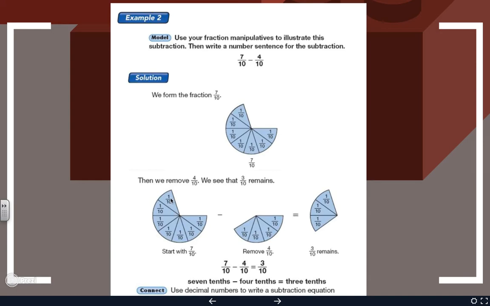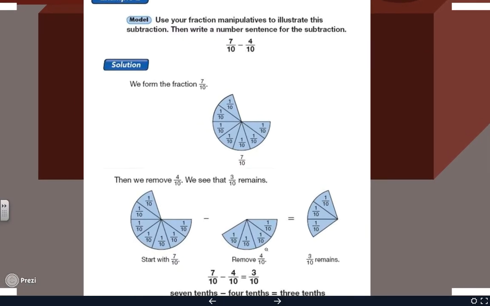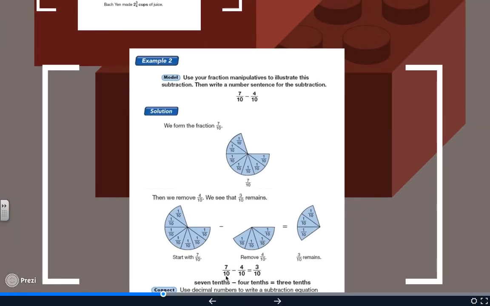So we start with 7/10. We take away 4 of them, 1, 2, 3, 4, and then we find that we have only 3 of those pieces remain, which is 3/10. Or, I'm sorry, if you look down here, we have 7/10 minus 4/10 equals 3/10.